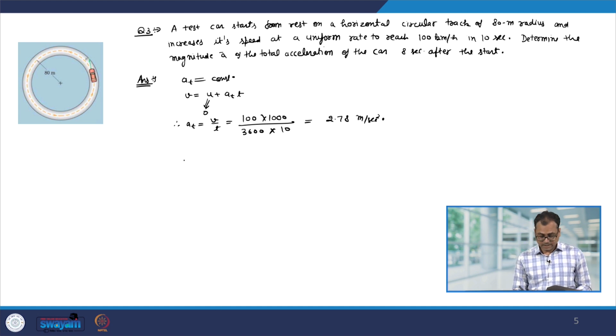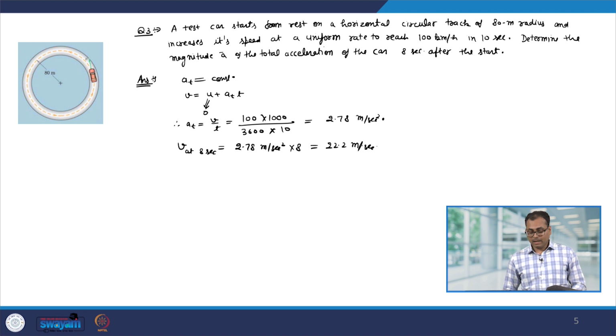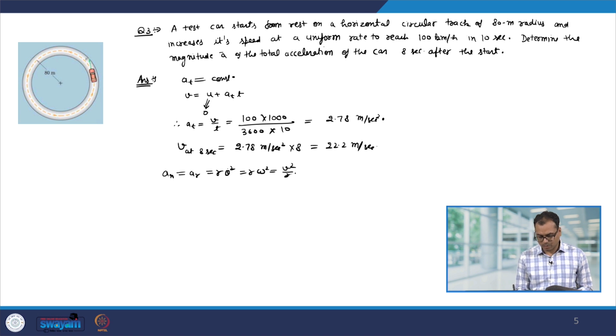Now, the tangential velocity at 8 second will be 2.78 meter per second square into 8, which is 22.2 meter per second. And now I can calculate the normal acceleration, or acceleration along r. It is r theta dot square, or we can write r omega square, or v square over r.